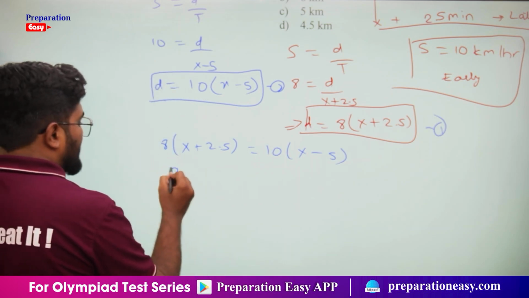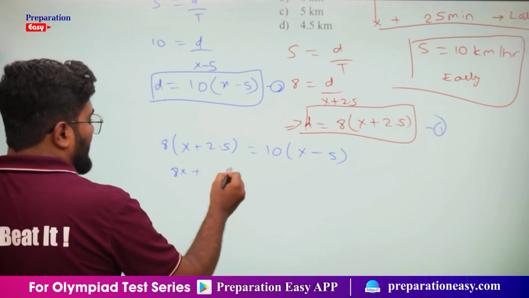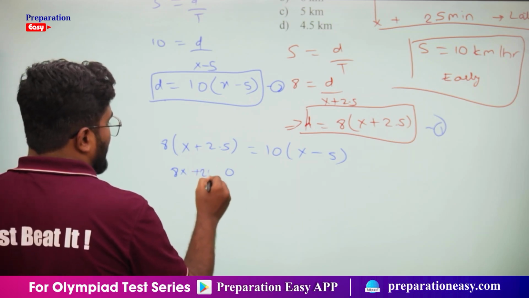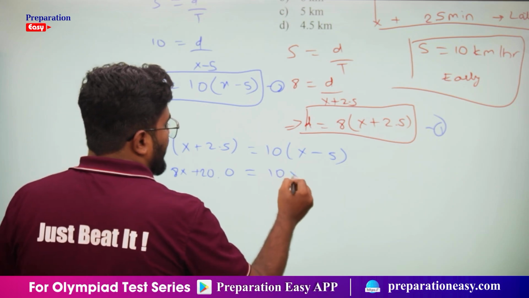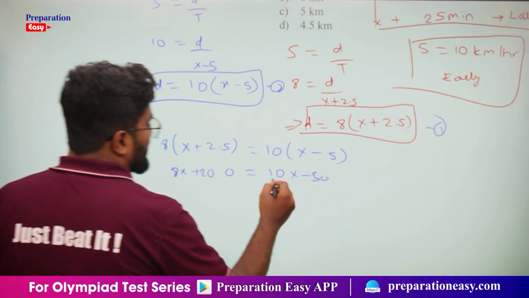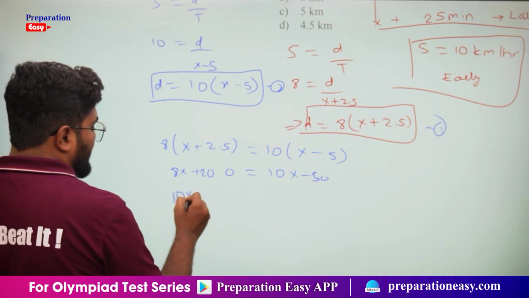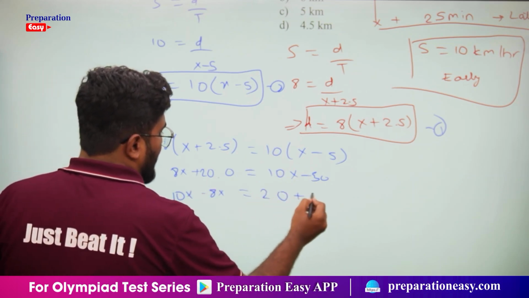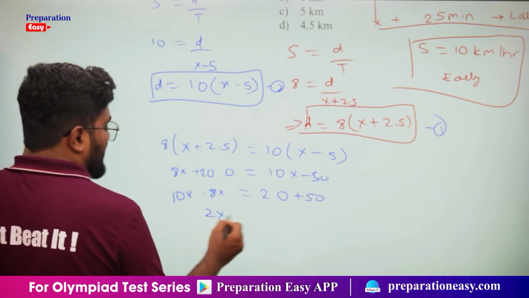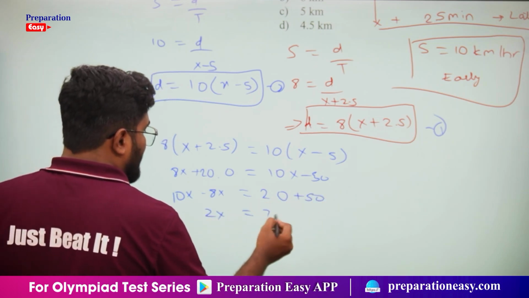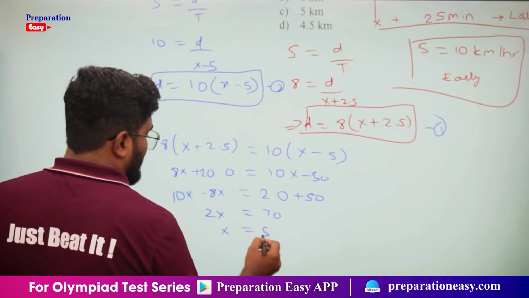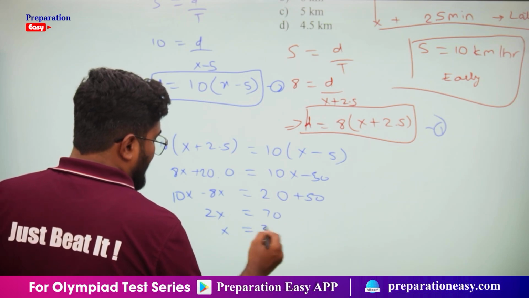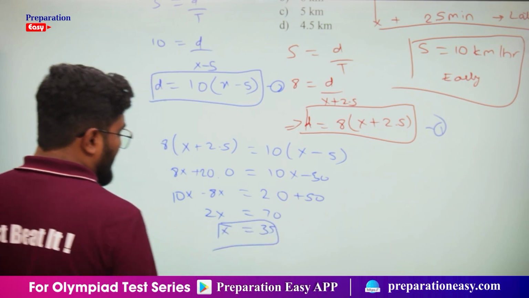So 8x plus 20 equals 10x minus 50. So 10x minus 8x equals 50 plus 20, so 2x is 70. So x would be 35. Okay, we got the value of x.